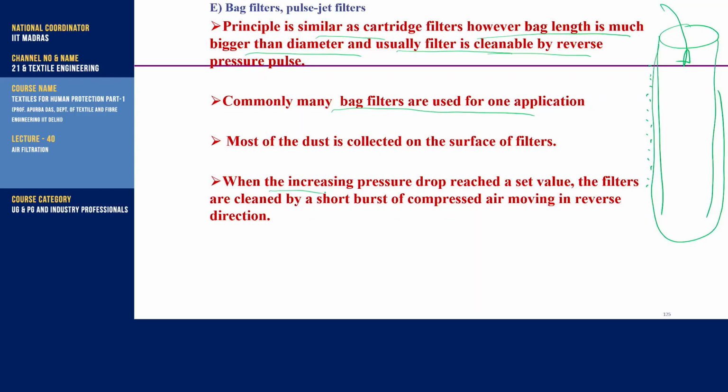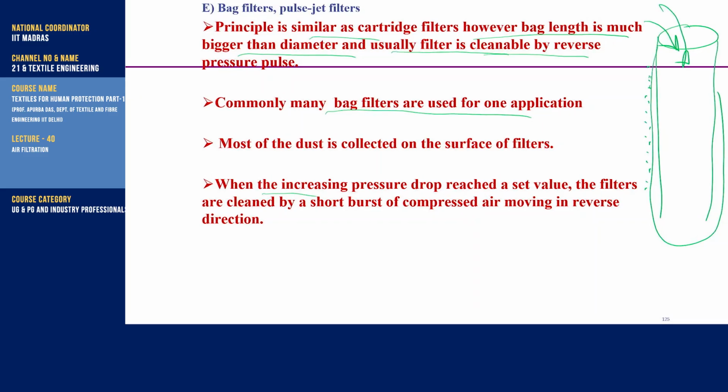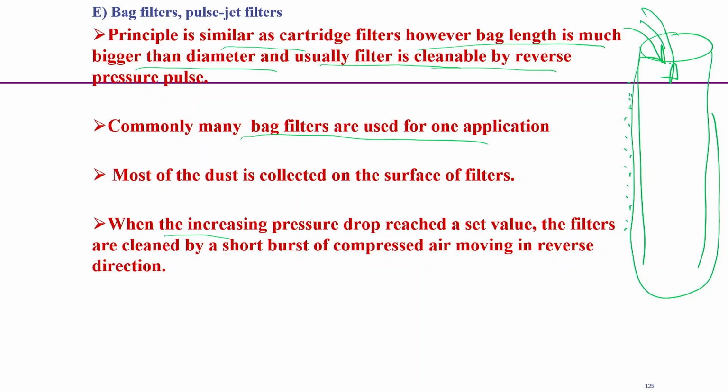When the pressure drop is increasing and reaches its set value. So, there is a set value, the pressure drop can increase up to a certain value. In that case the pulse jet is created, okay. Reverse air, compressed air, comes from the inside, in reverse.